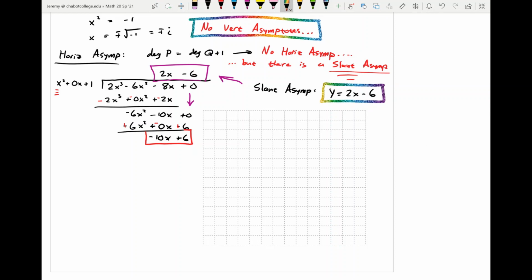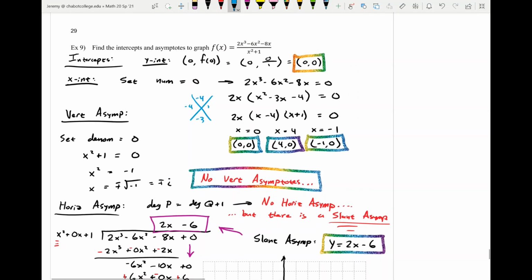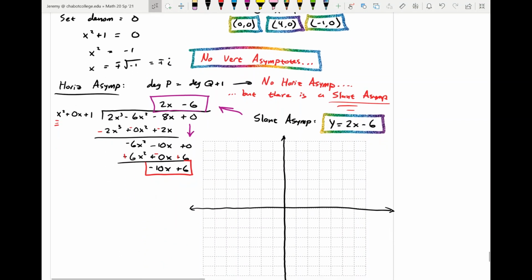All right, so I'll start by drawing in my axes like before. And I'm going to keep everything pretty central here, meaning the origin is going to be in the middle of my grid. And I'll mark out my intercepts. So I have those at 0, 0, -1, and +4.